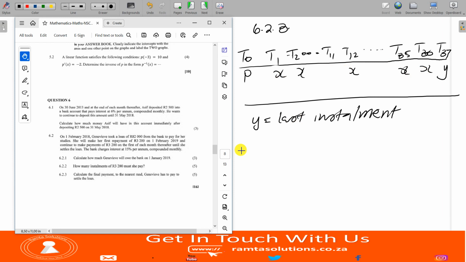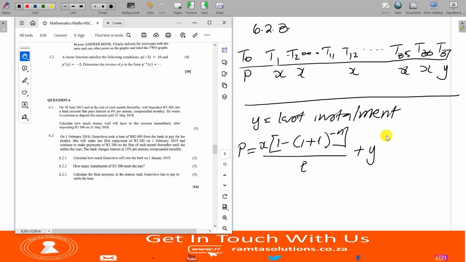So we will say that the amount that Genevieve had to pay on 1 January 2019 is equal to the annuity, which is X into the formula, X into 1 minus (1 plus i) to the negative n over i, plus this amount as well.